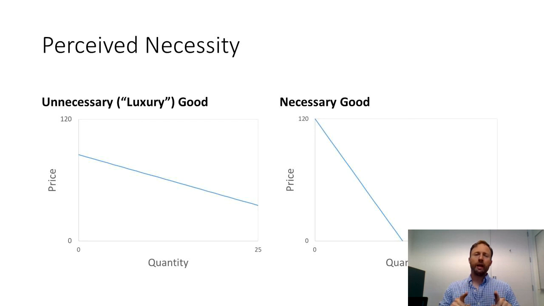I do want to point out, though, that what good is considered a luxury and what good is considered a necessity can change over time. So, for example, think about an internet connection. For the most part, people now consider their internet connection to be like a utility, like having water hooked up to your house or a sewage system. Okay, it's a necessity. You don't live a modern lifestyle without a good internet connection. That wasn't always the case.